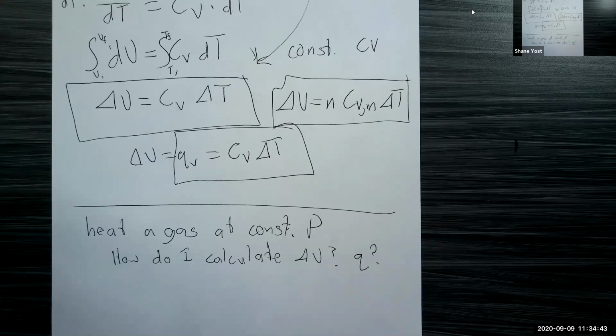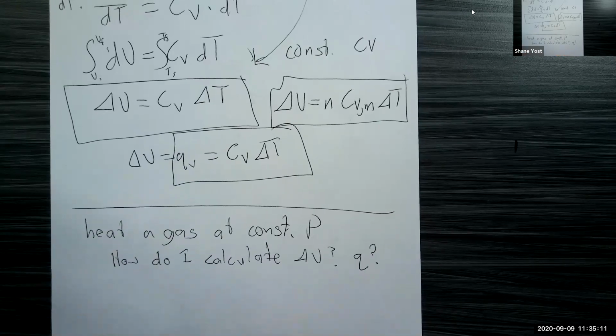Do we know what equation we should use to calculate that, or do we need something else, or do we need to wait until later lectures to get that information? I heard something. Let's say that again. I think I heard someone say something.